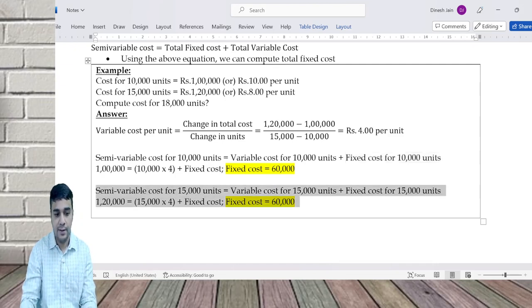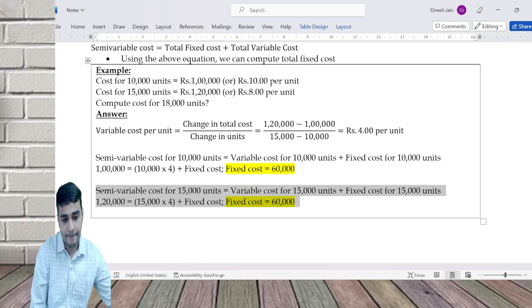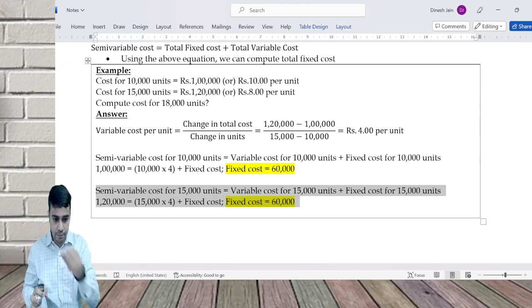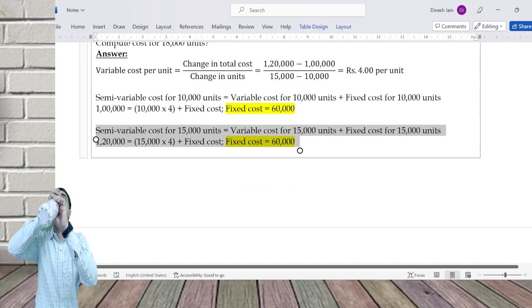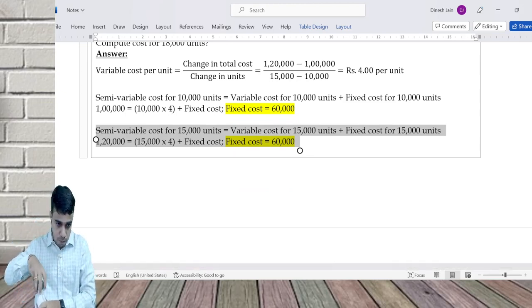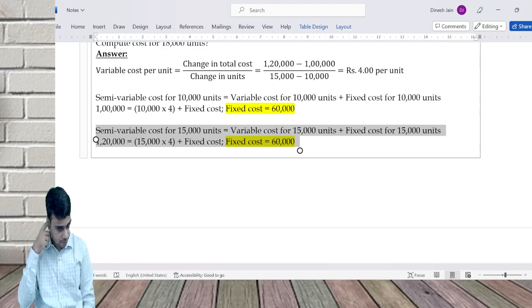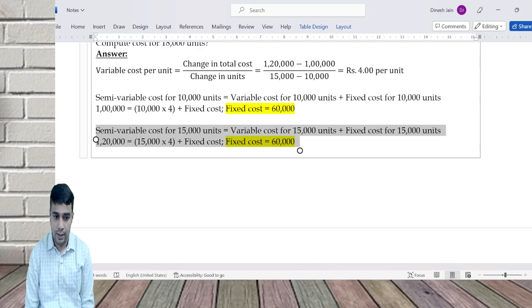Write this also now below. 15,000 units. They have given only 10 and 15,000.